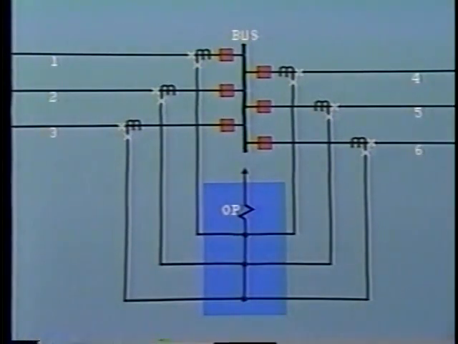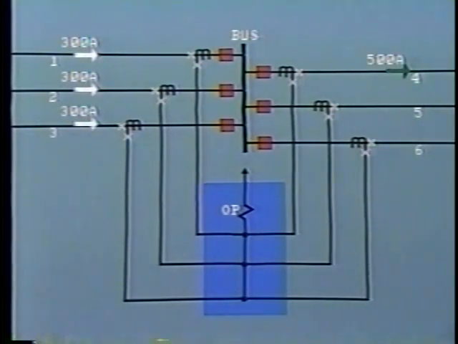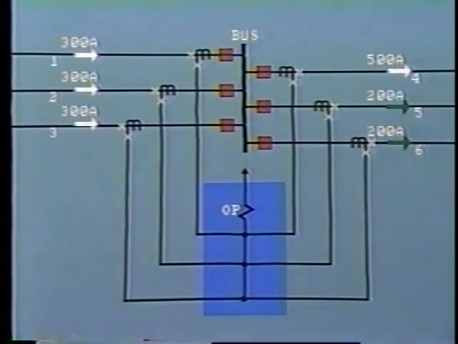Let's look once again at an example of simple current differential. There are 6 circuits connected to this bus with 300 amps entering on each of lines 1, 2 and 3. 500 amps flows out on line 4 and 200 amps out on line 5 and line 6.